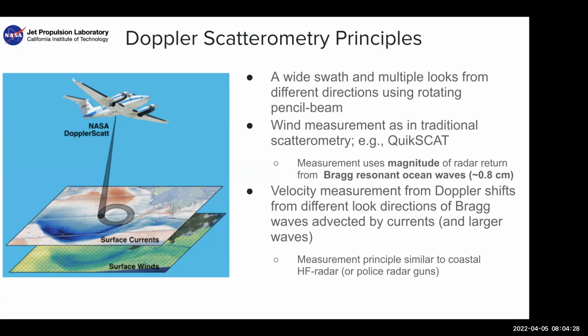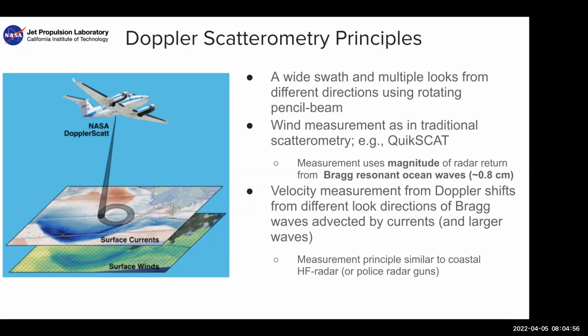So the physics of the measurement is fairly simple and well established, at least in some regime. For the winds, we use scatterometry. So there's a relationship between the magnitude of the radar return and the wind that is forcing the Bragg waves that respond to that wind. And those are what the radar is sensitive to.